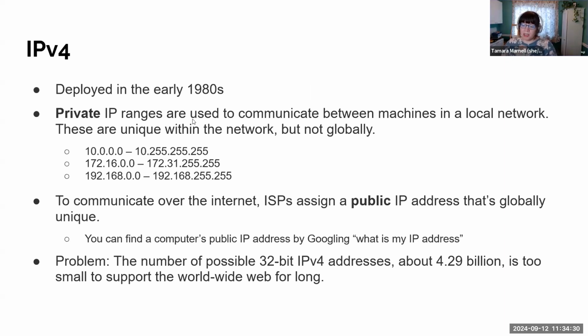We have private IP ranges to make sure that people can do a lot of things without needing them to be unique. And those are used to communicate between machines within a local network. A local network could be your university, it could be a home, an office. So they always start with 10, or 172.16 through 172.31, or 192.168.